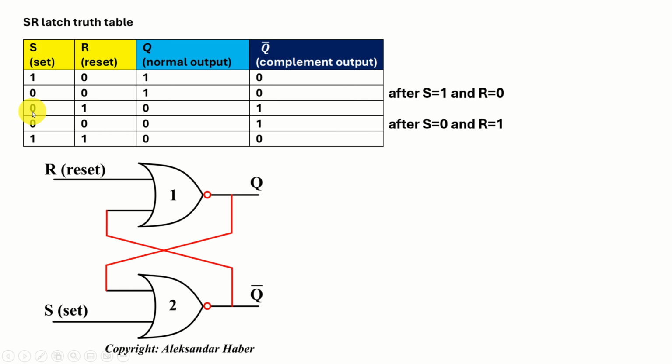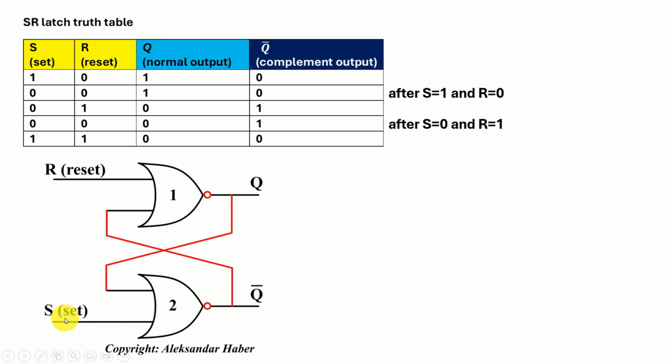Next, let us assume that set is set to 0 and that reset is set to 1. Consequently, over here we have 0 and over here we have 1. Since reset is 1, independently from this input over here, the output of the first gate will be 0. Next, this 0 over here travels through this feedback loop and goes back to the input of the second gate.